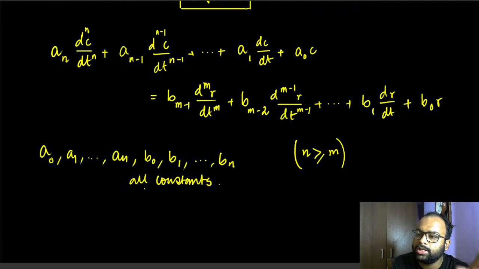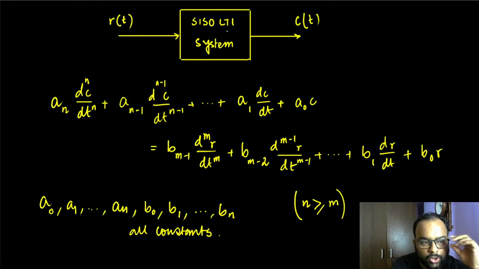Now of course, you could apply the Laplace transform on it, assume zero initial conditions and go the way of transfer functions, but here we're going to stop. We are not going to go that route. We are going to take a different route and not assume zero initial conditions. So I'm assuming a SISO LTI system, but I'm not assuming zero initial conditions.